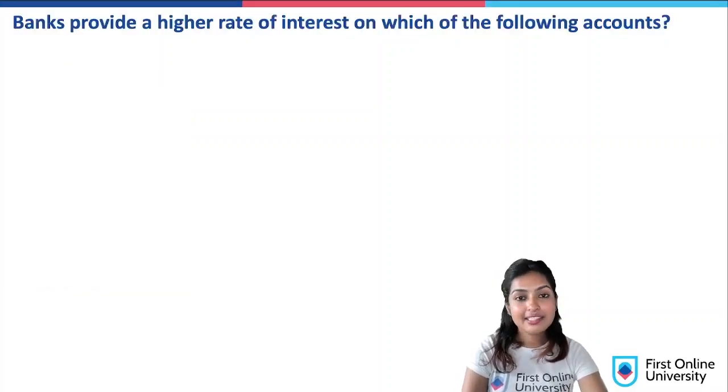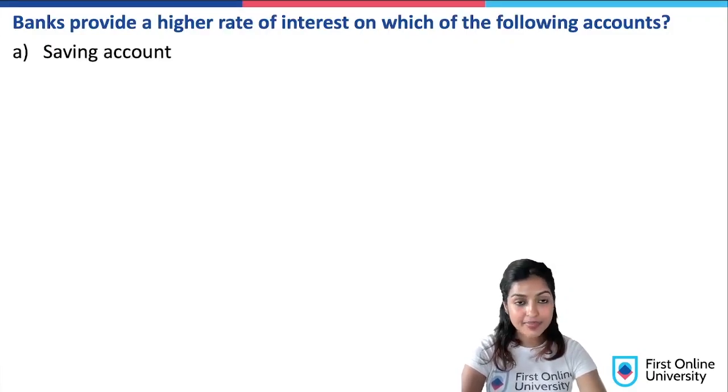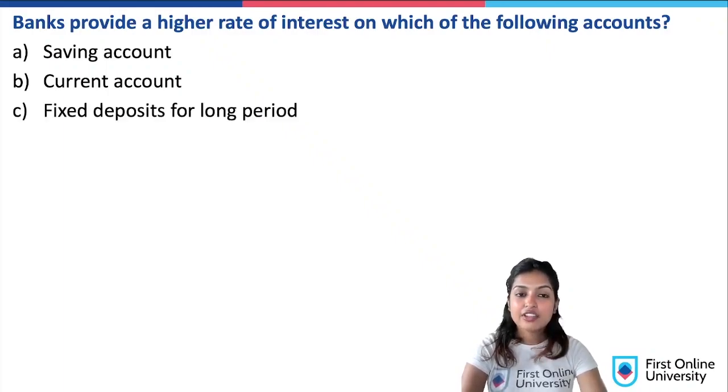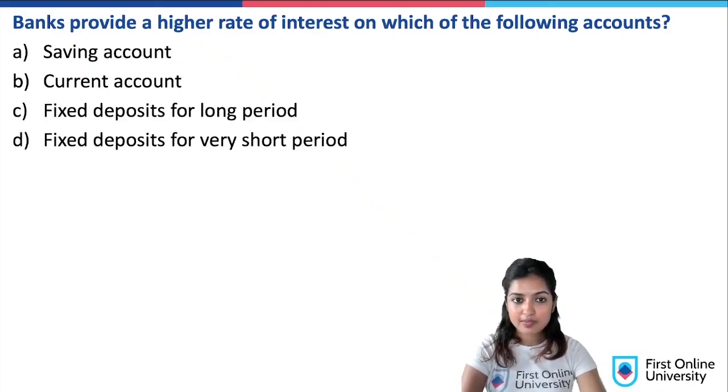Banks provide a higher rate of interest on which of the following accounts? A. Saving account, B. Current account, C. Fixed deposits for a longer period, D. Fixed deposits for a shorter period.